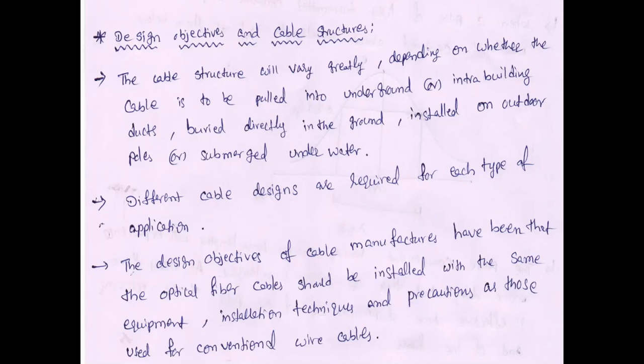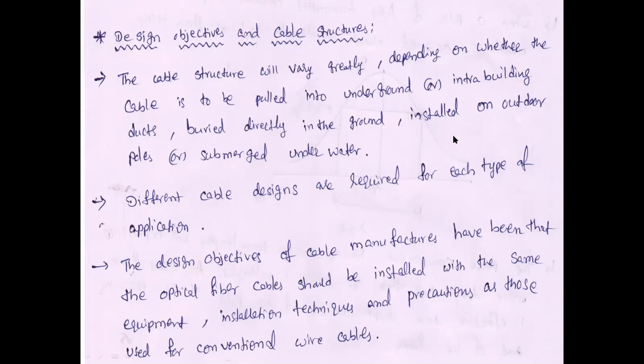The cable structure depends upon the environment, whether it is an underground cable, inserted into buildings, ground water, or submarines. For different environment conditions, different types of structures are available. Different cable designs are available, but it depends upon applications.